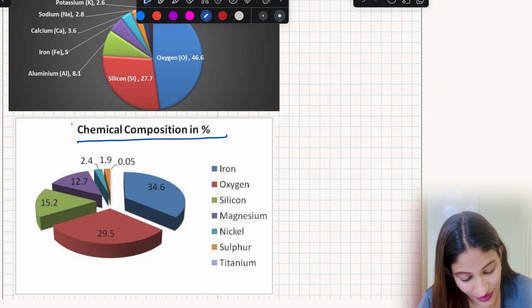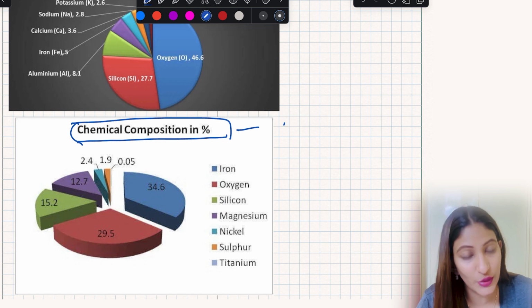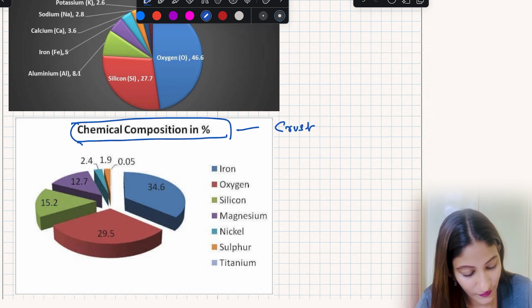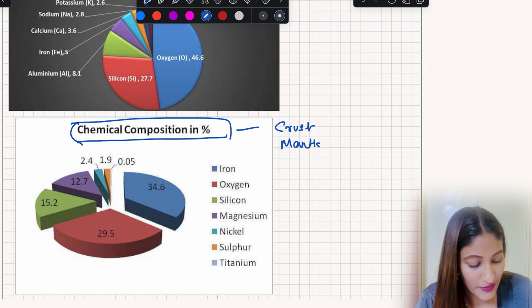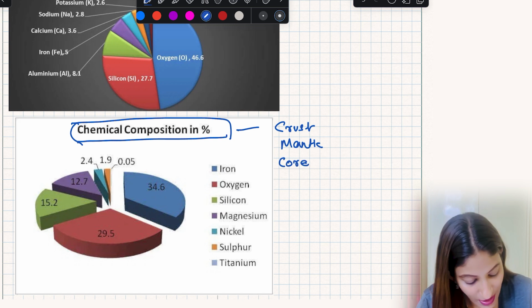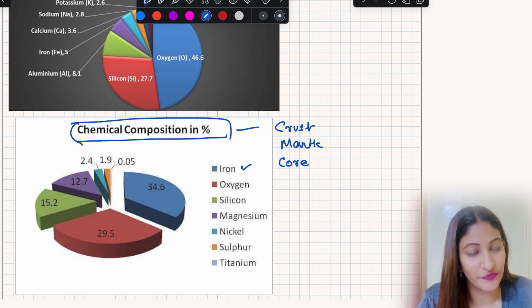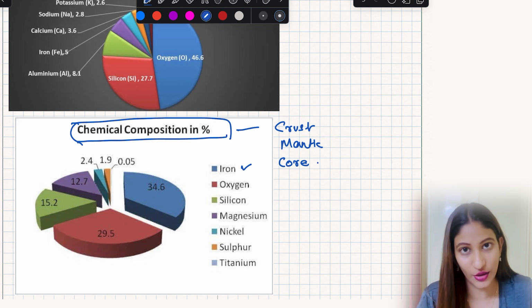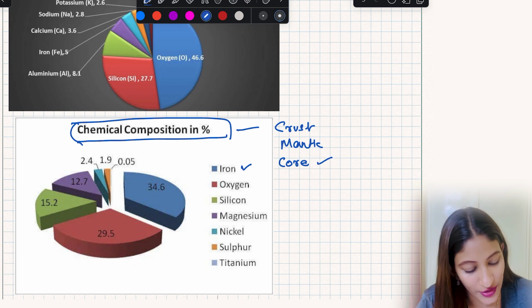Now, if we talk about the entire interior of the earth, including the crust, the mantle and the core, the highest amount you will see will be of iron. That means throughout the interior of the earth, the most abundant element is iron, and we all know that iron is actually found in core, both in outer and inner.